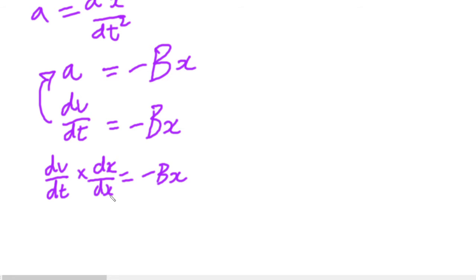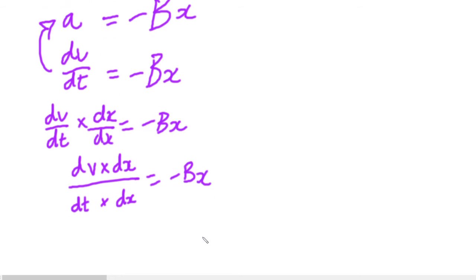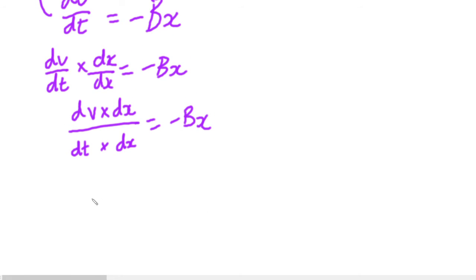So if we swap dx and dt on the bottom here, because this is really telling us dv over dt multiplied by dx over dx is equal to minus bx, we can rewrite these two fractions as dv by dx times dx by dt is equal to minus bx.